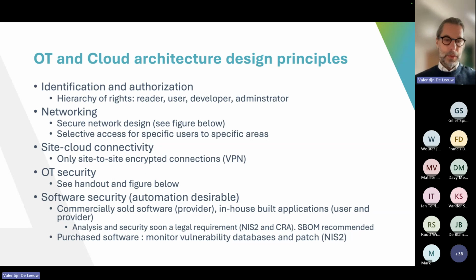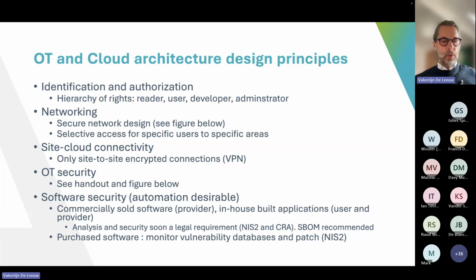And then there is, of course, a connectivity between the on-site, on-premises on the one hand and the cloud on the other hand. And so to do that safely, we need a site-to-site encrypted connection using virtual private network. The OT security has also to do with networking, but there are a few other things, and I'm giving some other hints in the handout.